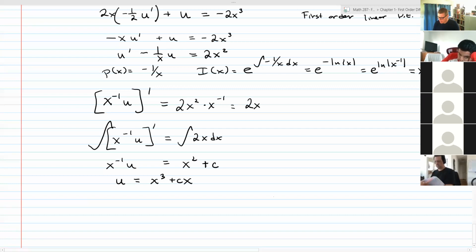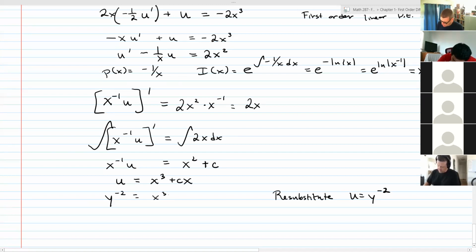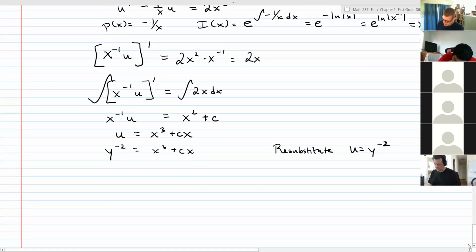So now we're going to resubstitute. You remember that u equals y to the -2. So we've got y to the -2 equals x cubed plus cx. If we rewrite this, we get 1 over y squared equals x cubed plus cx.